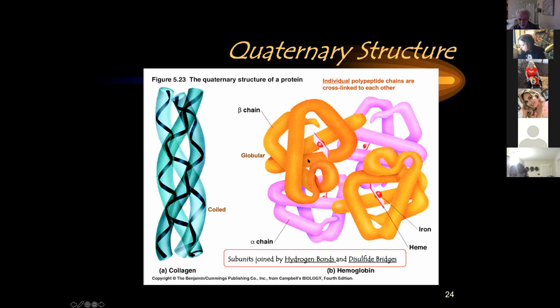And this is an example of one, hemoglobin, where you have 2 alpha chains in purple, 2 beta chains in orange, and the 4 chains together, they're held together, and only in that way can they carry oxygen in blood.